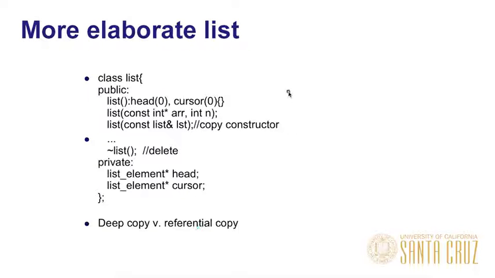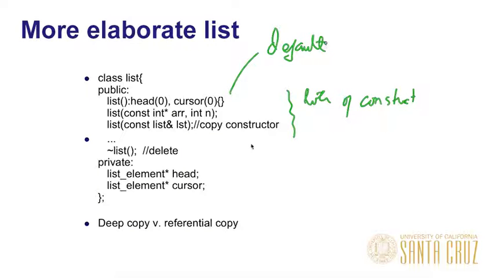It's very typical to find lots of constructors. So that constructor we almost always find is a default constructor. Another constructor we almost always find is a copy constructor.